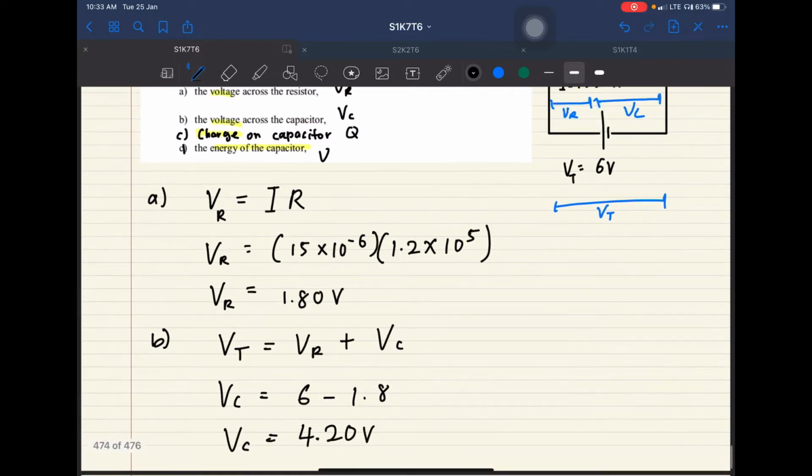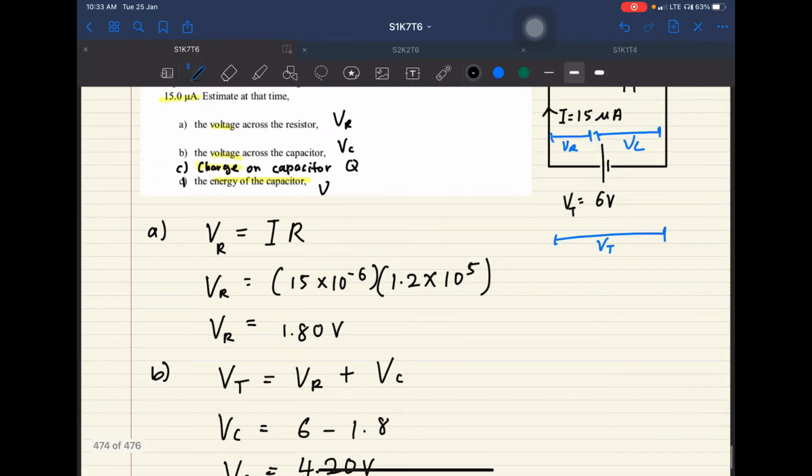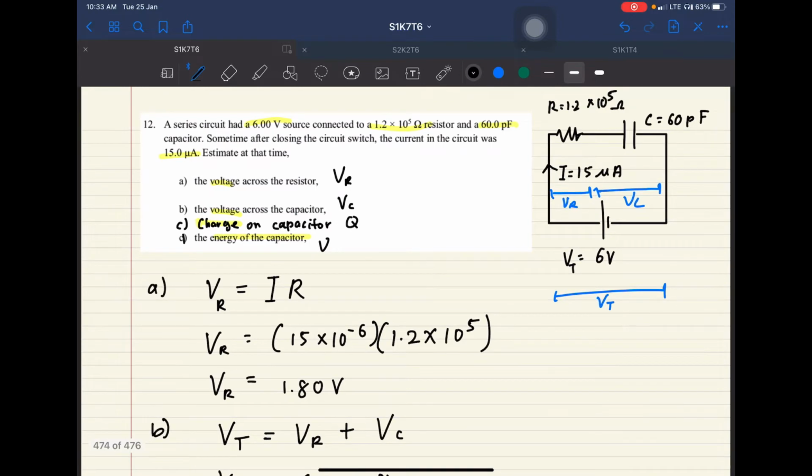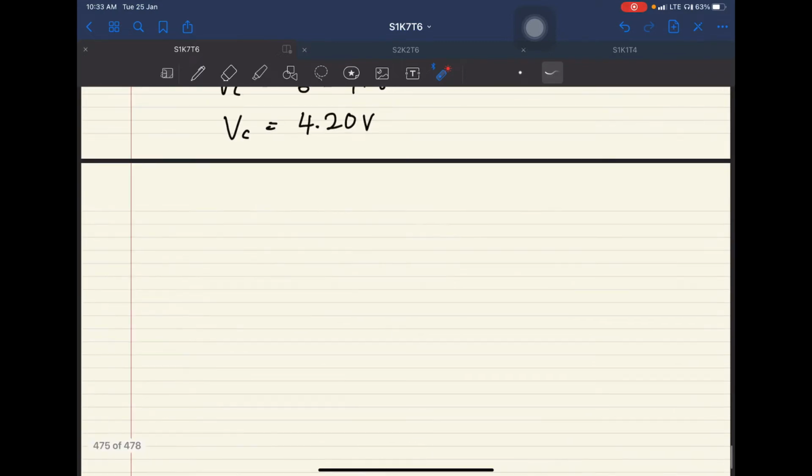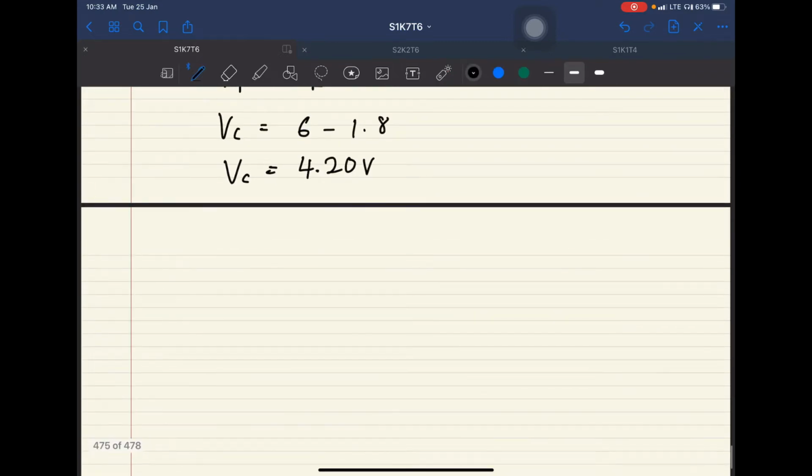Then the next question, they want to find the charge on the capacitor. So now you do have the VC, right? VC over here, you have the capacitance. To find the Q will be straightforward. So you can use C equals Q over V, where Q is equal to CV.